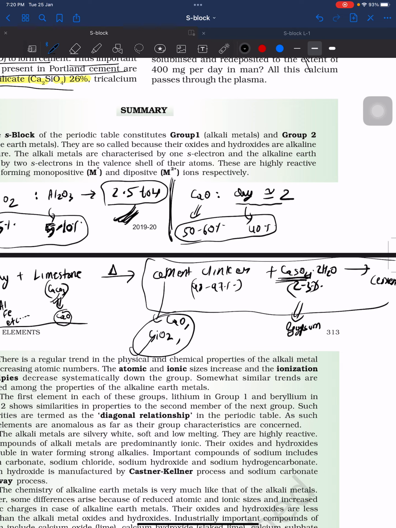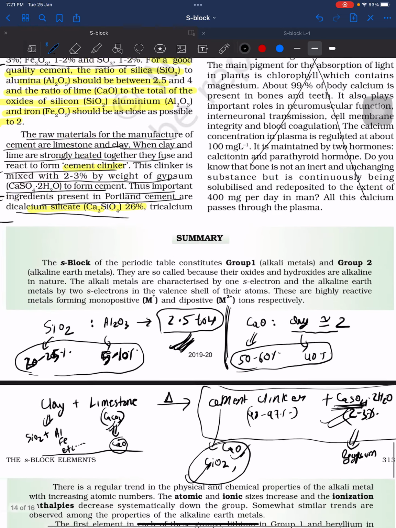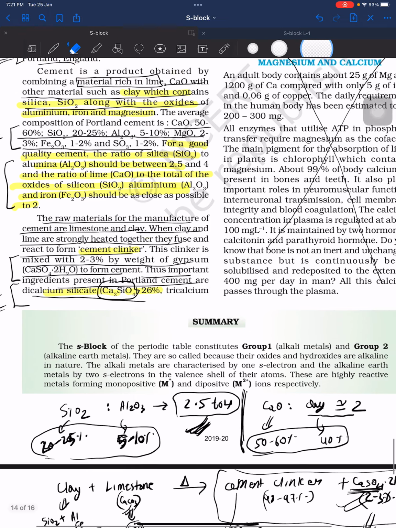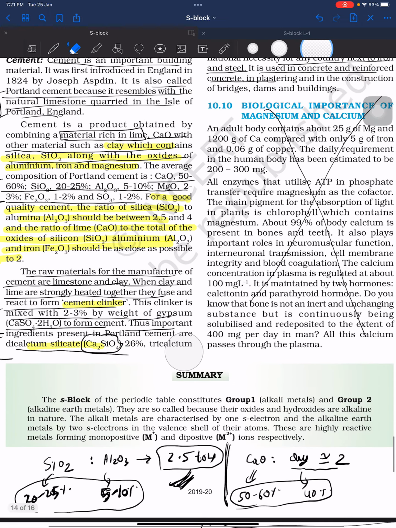So when this silica, calcium oxide and calcium sulfate react, this will form calcium silicate, Ca2SiO4. Why? How? The silica from this clay will react with this gypsum, calcium sulfate, to basically form this CaSiO4. Okay, all right. And similarly, other compounds may also get formed.